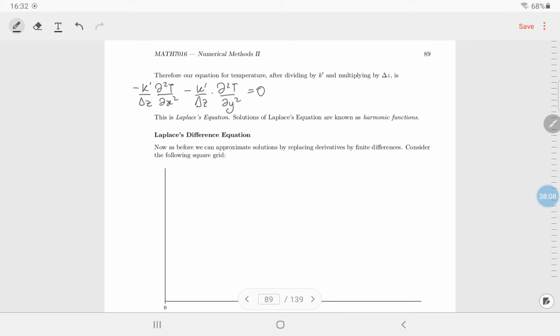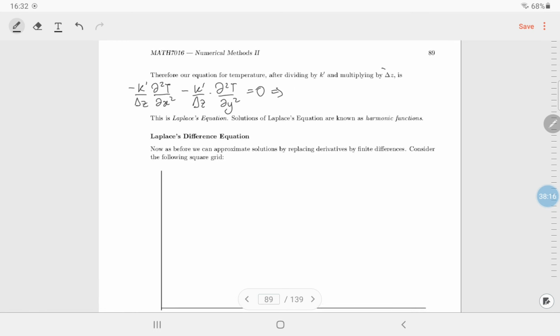If we divide both sides by K dashed and multiply both sides by delta Z, we get Laplace's equation: the second derivative of temperature with respect to one distance plus the second derivative of temperature with respect to the other distance is equal to 0.